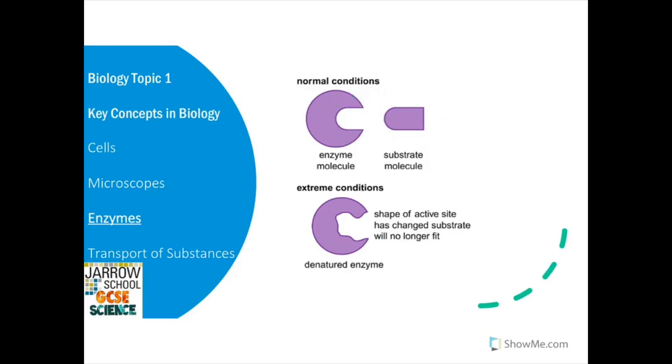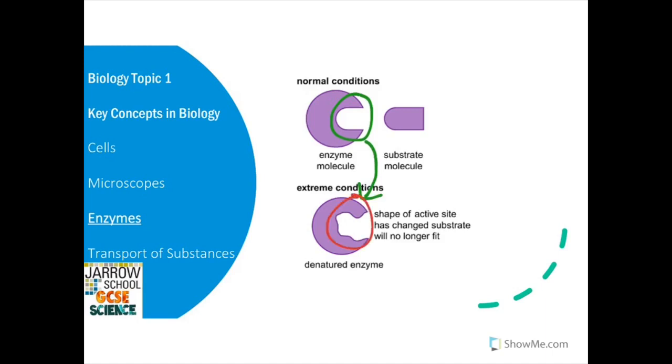Now, enzymes are a type of protein, and all proteins are sensitive to changes in temperature. So if the temperature gets above what's called the optimum, which is the most suitable temperature for the enzyme, the active site, which is shown here, will be denatured, which means it changes shape, which is shown here.